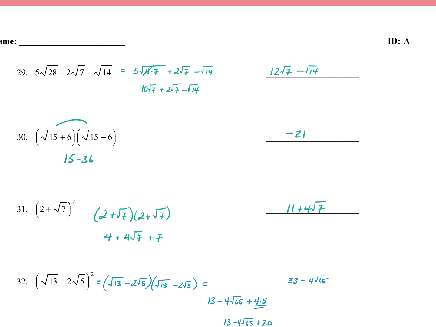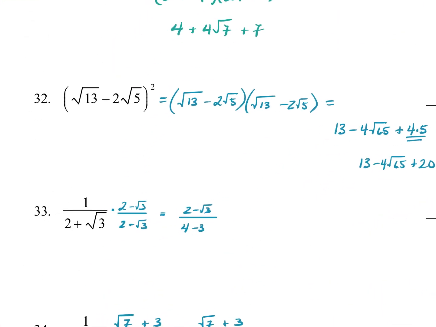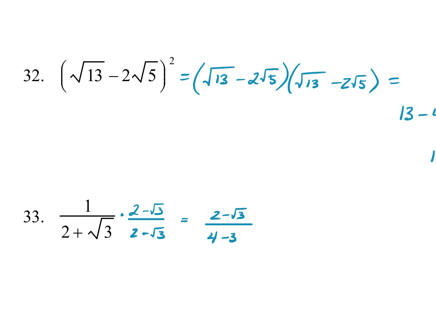Yeah. Yep. 32. All right, so we're going to expand this, right? Because it's a squared, I'm going to square root 13 minus 2 square root 5, square root 13 minus 2 root 5. Then I got to FOIL it. So I go first, root 13 times root 13 is 13.